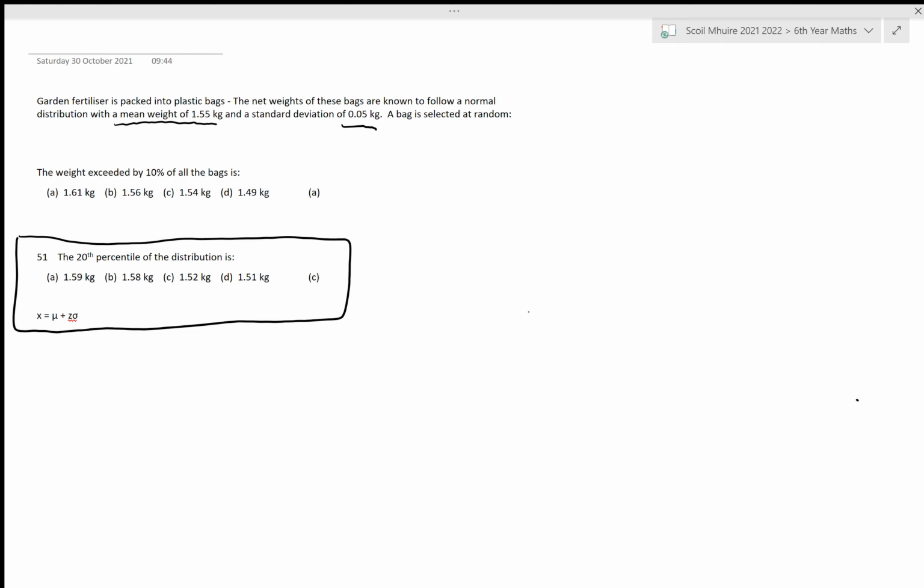First off, we need to understand what we mean by a percentile. You're generally going to hear about percentiles when they're talking about things like IQs. If someone says this person's IQ is in the 90th percentile, it means that 90% of the population have an IQ below that value.